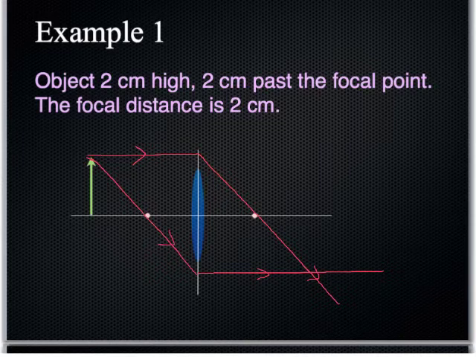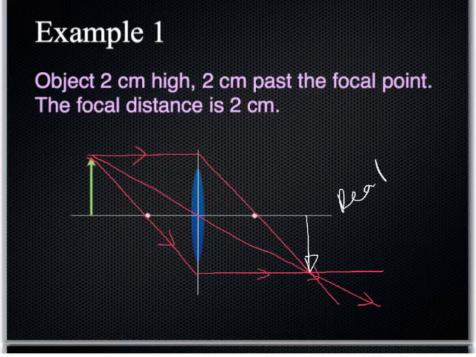And we could do one more. We can go directly through the intersection of the 2 axes, and it'll go down there. Then your image is found where the rays overlap. Then you should describe it. This is real, inverted, and it's probably the same size.